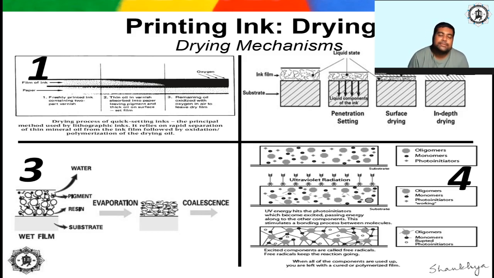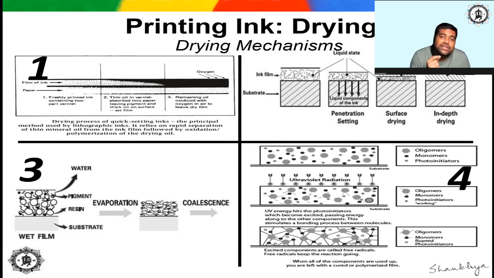So if your ink does not have very quick setting times, the set off problem will occur. That is, the ink from the preceding printed sheet will get transferred onto the backside of the succeeding sheet, which falls on top of it in the delivery stock. Okay, and that is the set off problem.